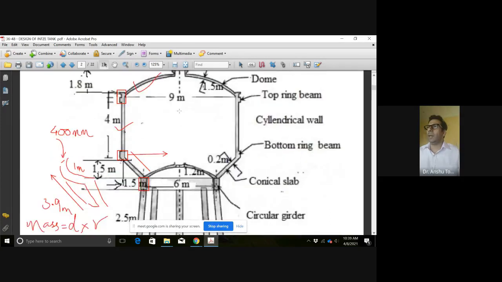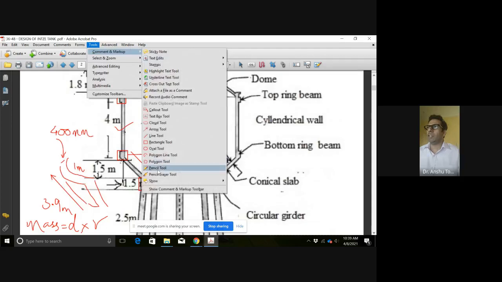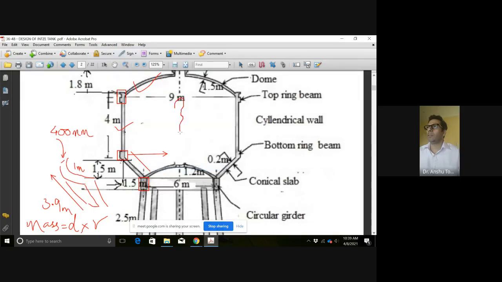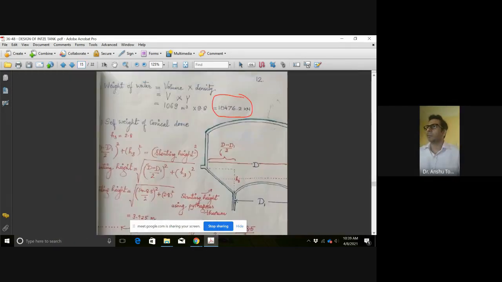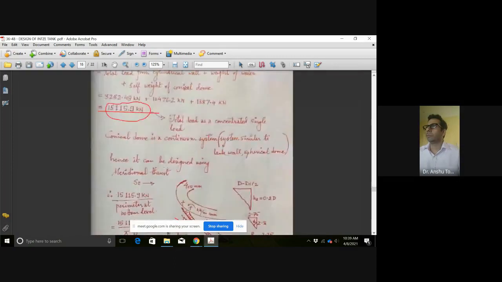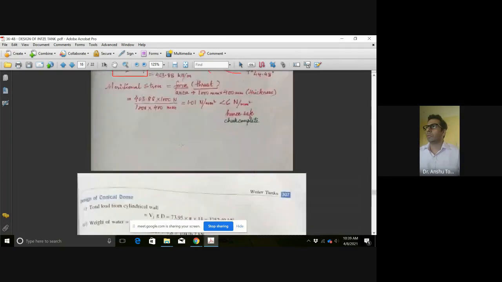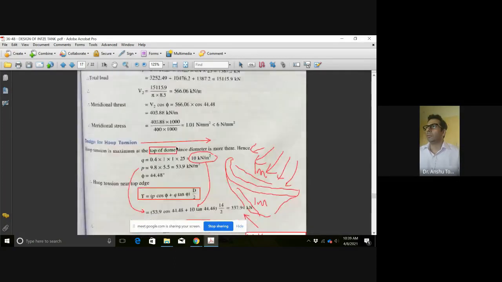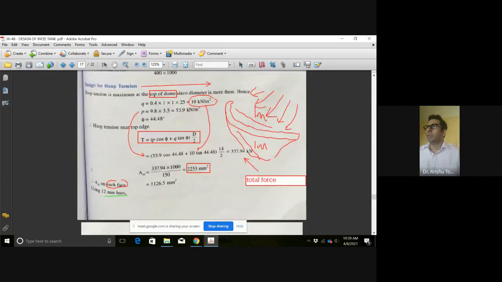So this height is 5.5 we are having. In our numerical, it is 5.5. So unit weight of water into the depth will generate the hoop stress at that level.